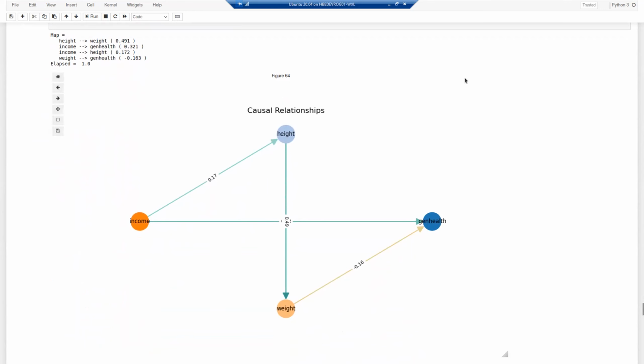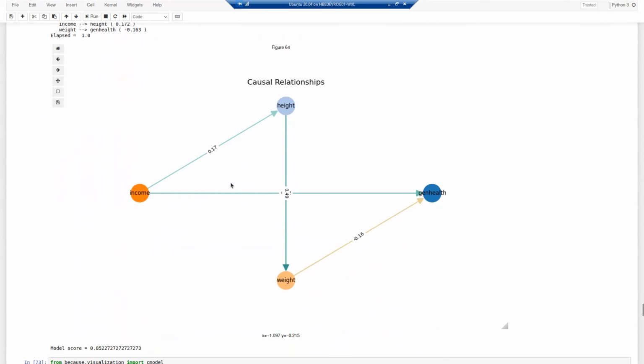So we take a simple model with just 4 variables: income, height, weight, and general health. And we get mostly intuitive results. Height influences weight, weight negatively influences health, income positively influences health, and income positively influences height. Now we don't understand that one. We put a big question mark next to that particular link.